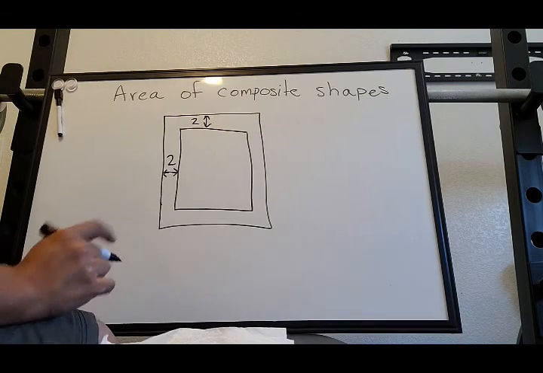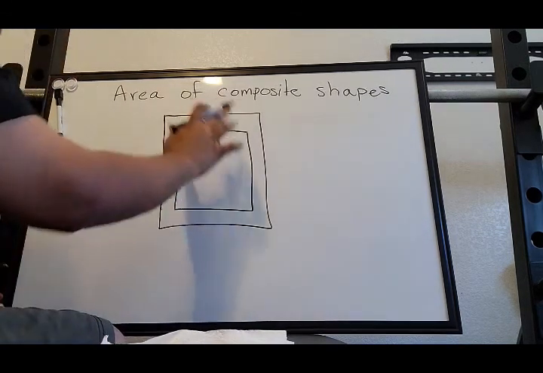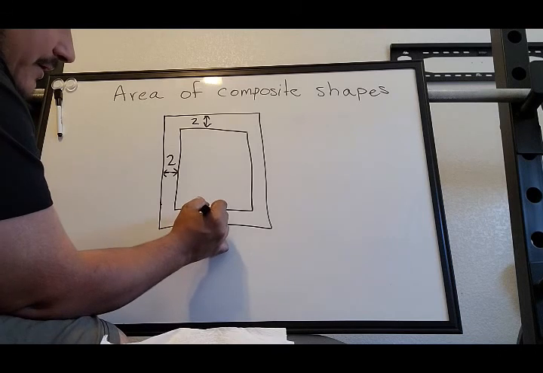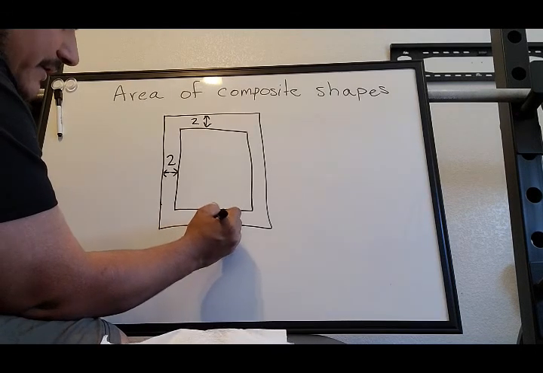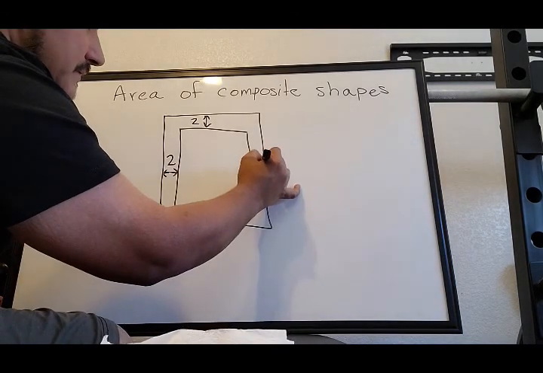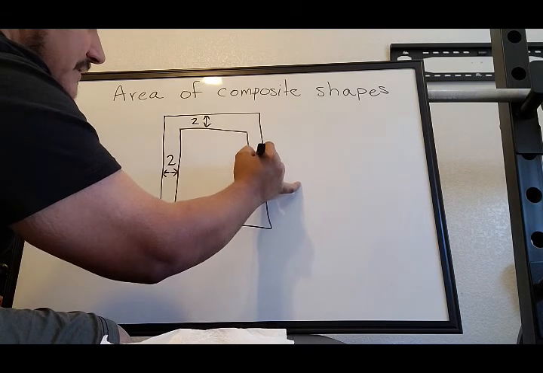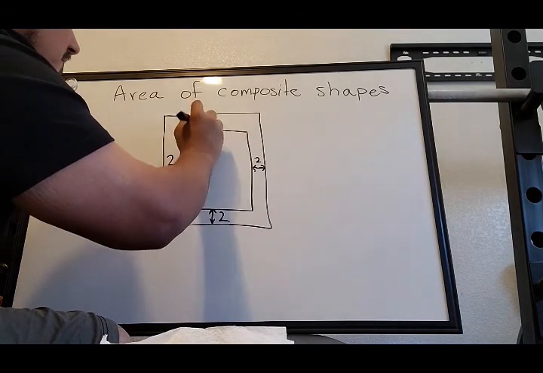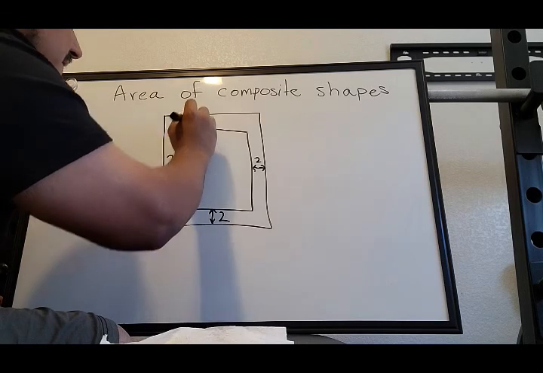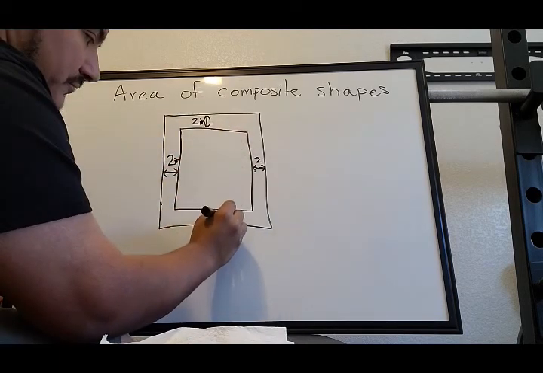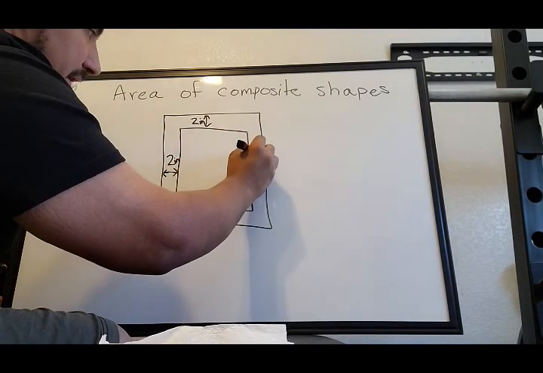Now, that means that it might not show you everywhere, but we know that everywhere in that frame is 2 inches. And let's actually put the inches mark. So it's 2 inches, 2 inches, 2 inches, and 2 inches.